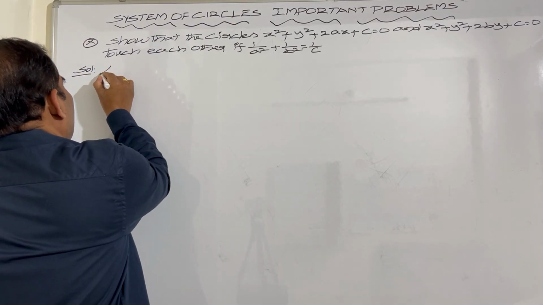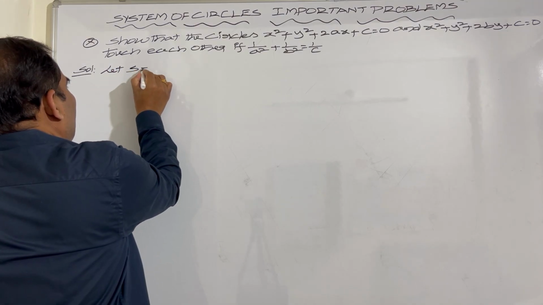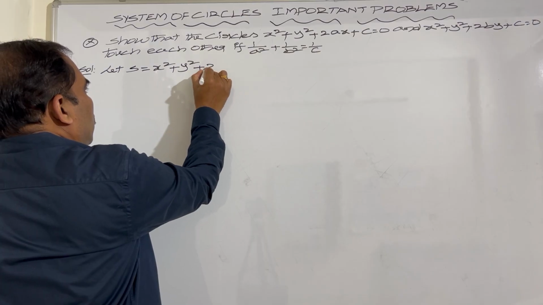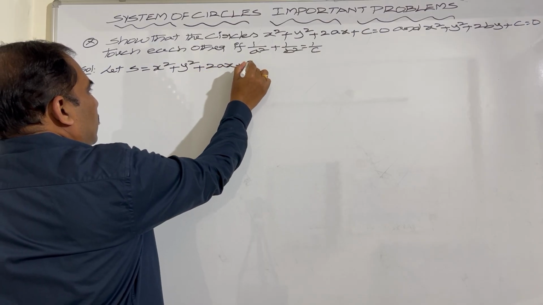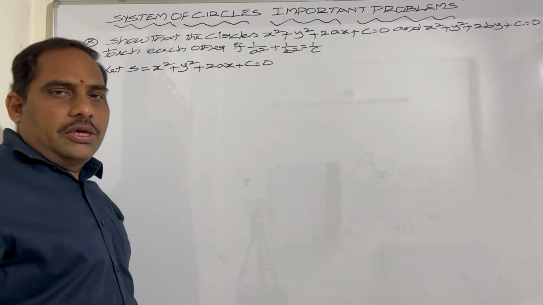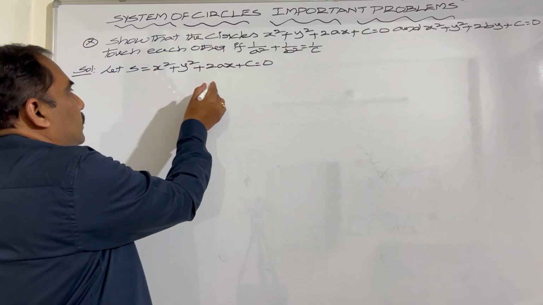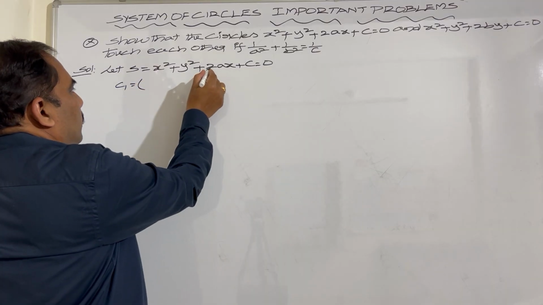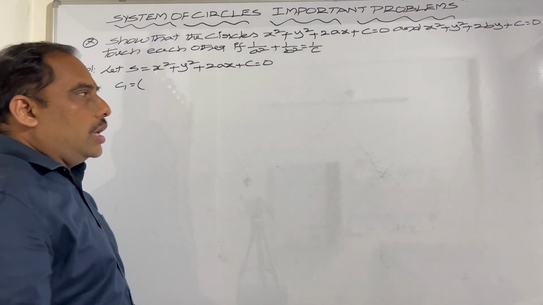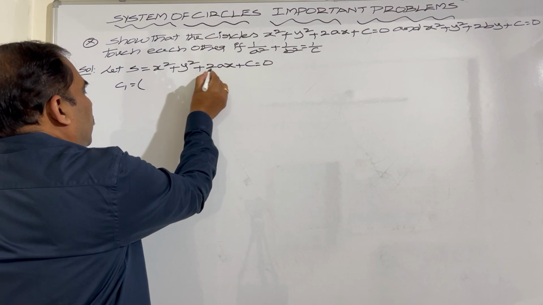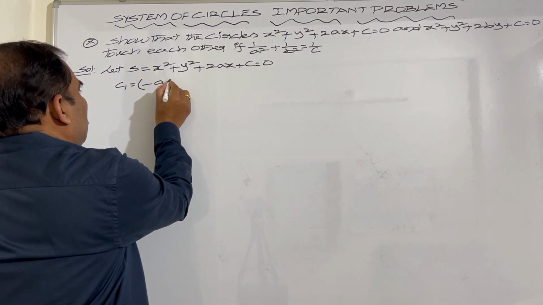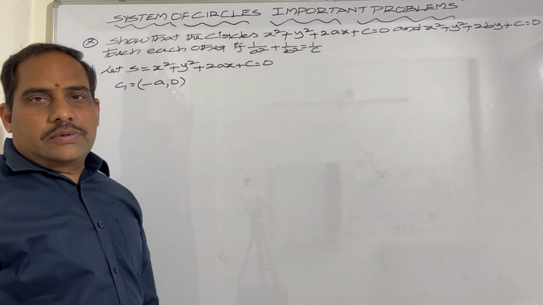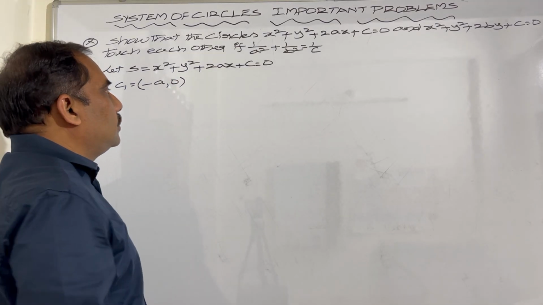So let the given circle S is equal to x square plus y square plus 2ax plus c is equal to 0. Finding the center C1: the coefficient of x is 2a, so half of the coefficient of x with a negative sign, and the coefficient of y is 0, so C1 is equal to minus a comma 0.